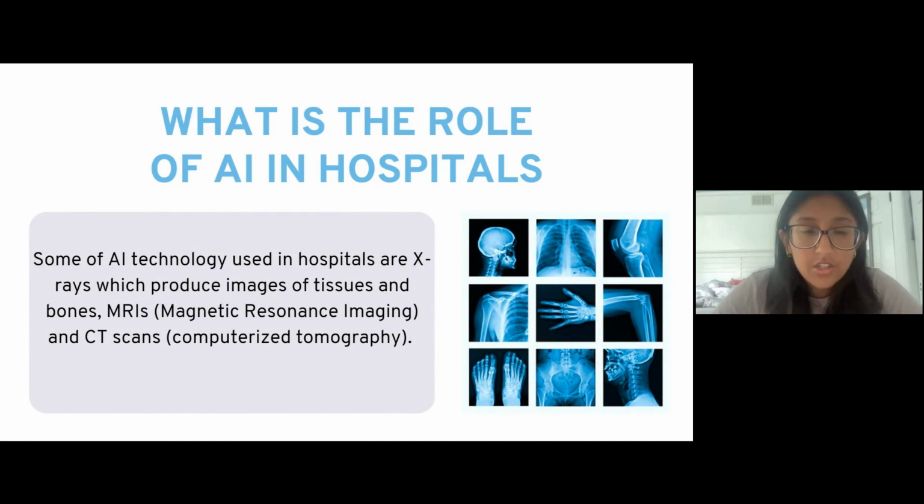Some of the technology used in hospitals are X-rays, which produce images of tissues and bones, MRIs, which is magnetic resonance imaging, and CT scans, which stands for computerized tomography. The X-rays, MRIs, and CT scans are called medical imaging, and this technology helps doctors figure out what exactly is wrong with the patient and what they need to diagnose.